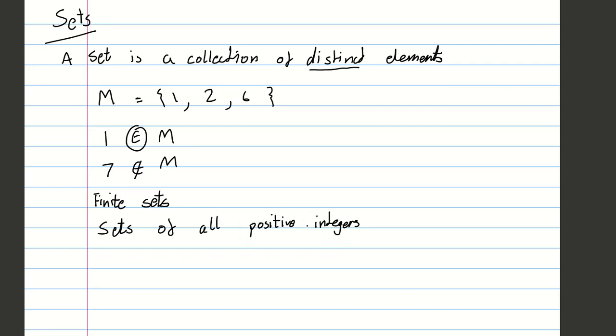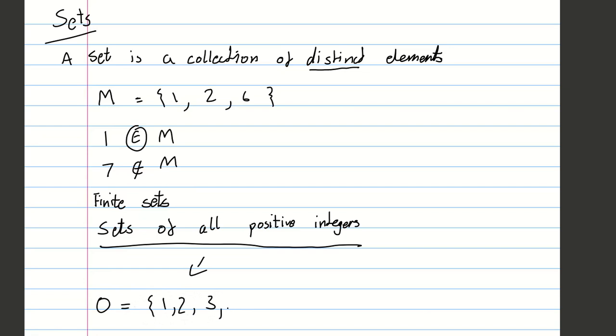So this set of all positive integers is going to be capital letter O is equal to curly brackets 1, 2, 3, and then curly brackets closed.